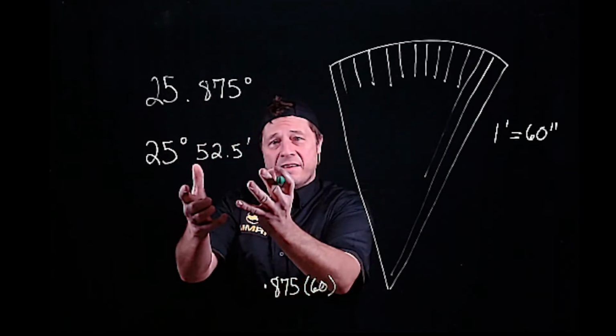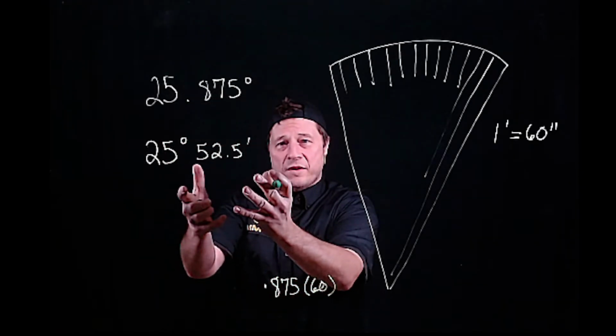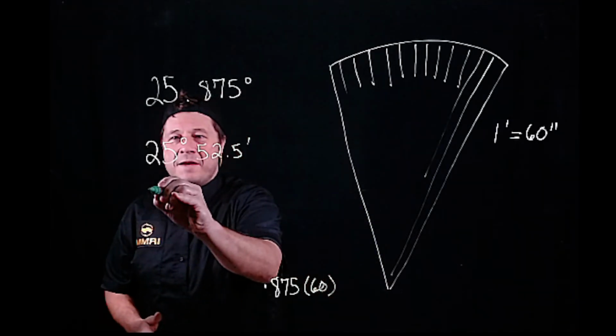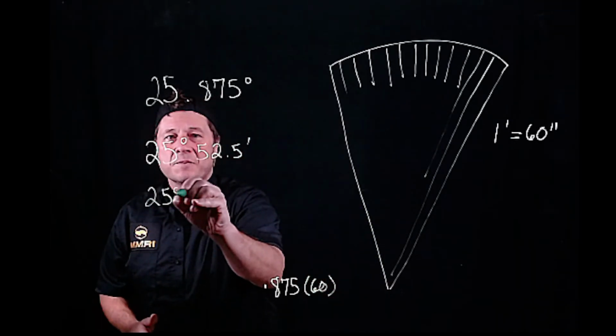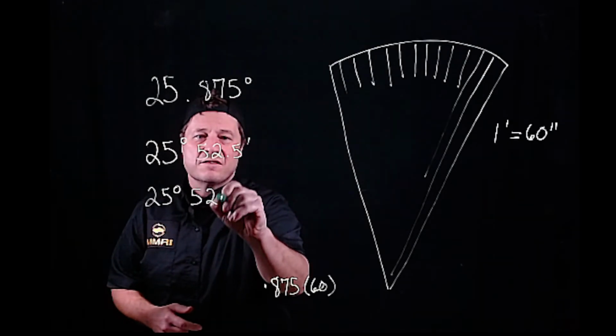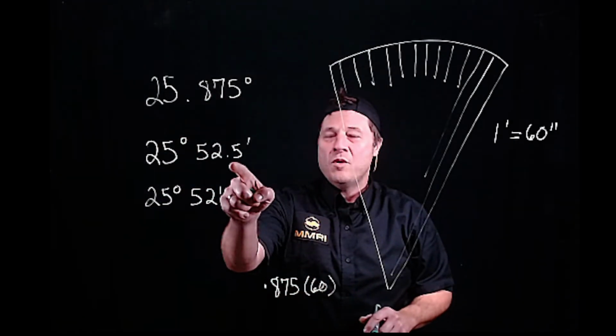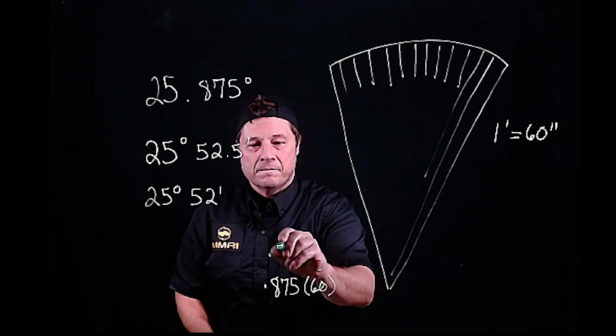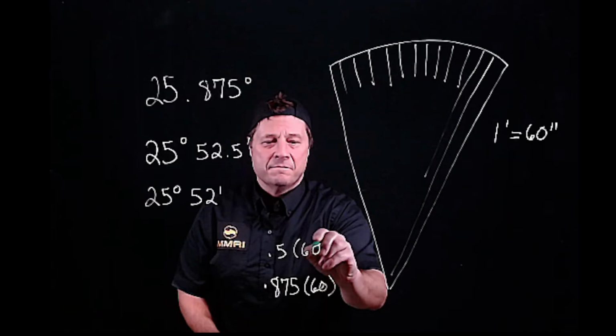So now I can apply that to this answer, this 25 degrees, 52.5 minutes. I can write my 25 degrees again, and I can write my whole minutes, 52 minutes, and then I take my 0.5 minutes and multiply it by 60.